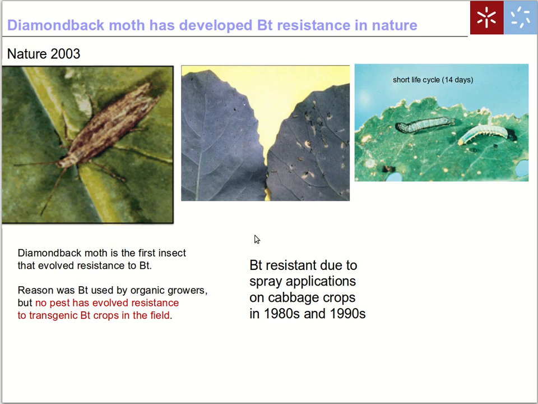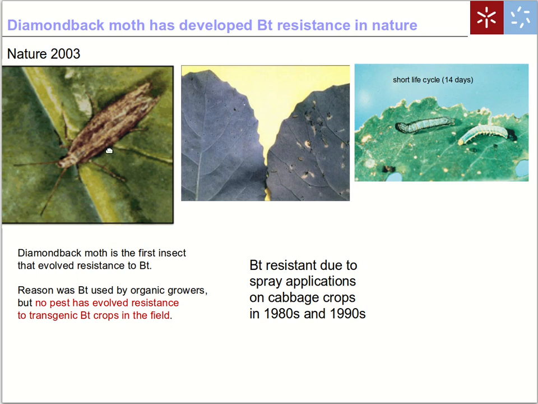And it describes resistant insects in the 1980s and 90s, which arose from the use of Bt spray, that is Bt toxin isolated from bacteria and then applied on top of the plants, so it's not recombinant plants. As far as I could see, there are no examples of Bt resistance developed from transgenic crops.